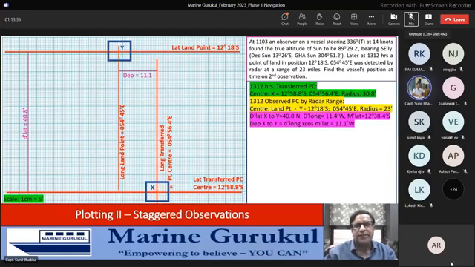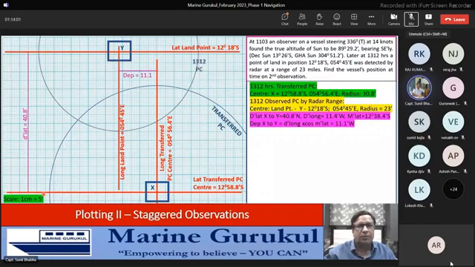Now with point X as center and radius of 30.8 miles, using the scale of 1 centimeter equal to 5 miles, we draw the transferred position circle, and this one is the transferred position circle which has come on the screen. Likewise, with Y as center and radius of 23 miles using the same scale, we draw the 1312 observed position circle.